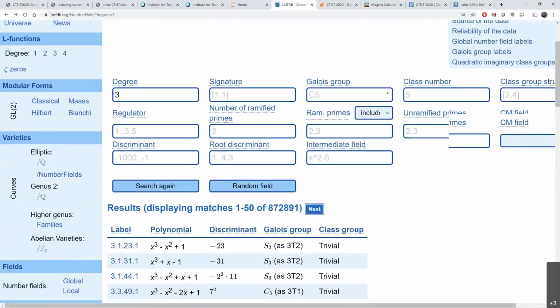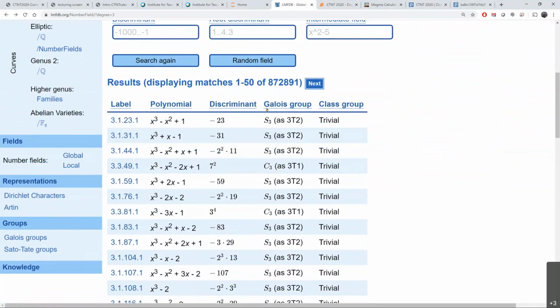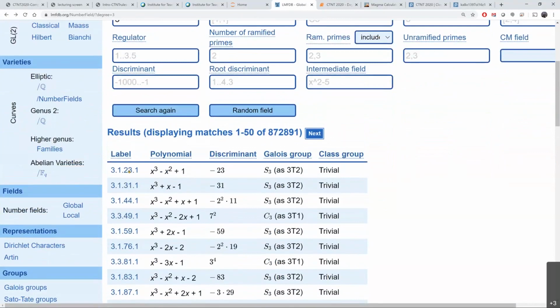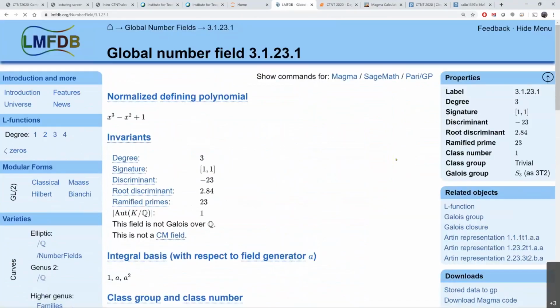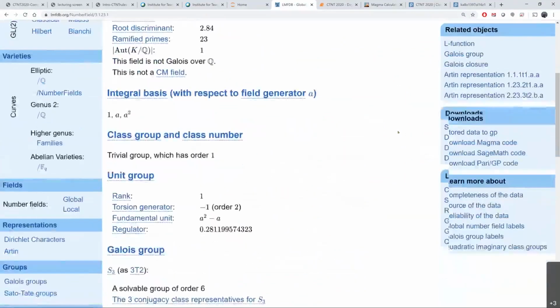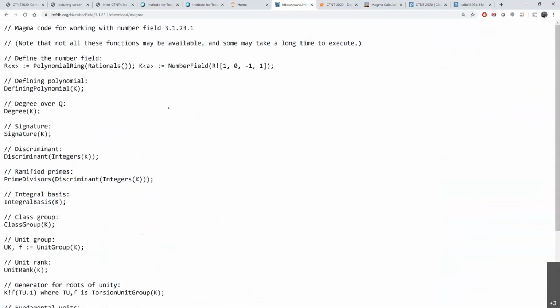All right, by the way, as I explained in the Sage video, once you have a number field in mind, for example this number field, another great feature of the LMFDB is that you can go down to downloads and download, for example, Magma code for that number field.